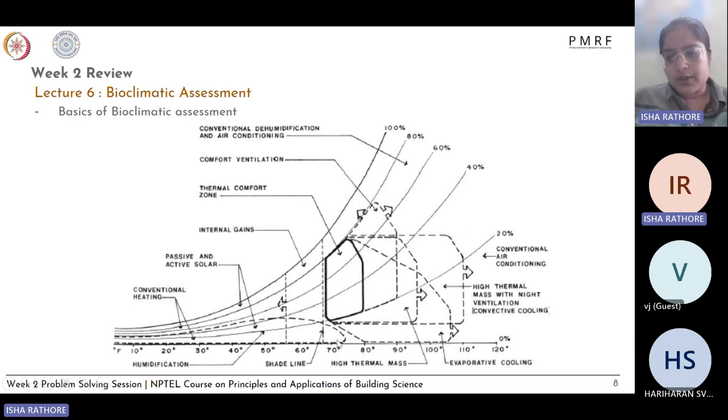So as you move towards this, this is high thermal mass, then this is high thermal mass with night ventilation. Thermal mass has this ability to store heat and to delay the time at which it comes inside.